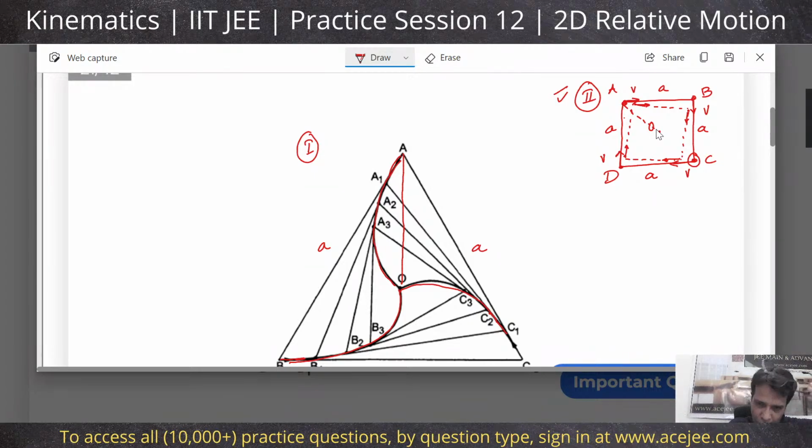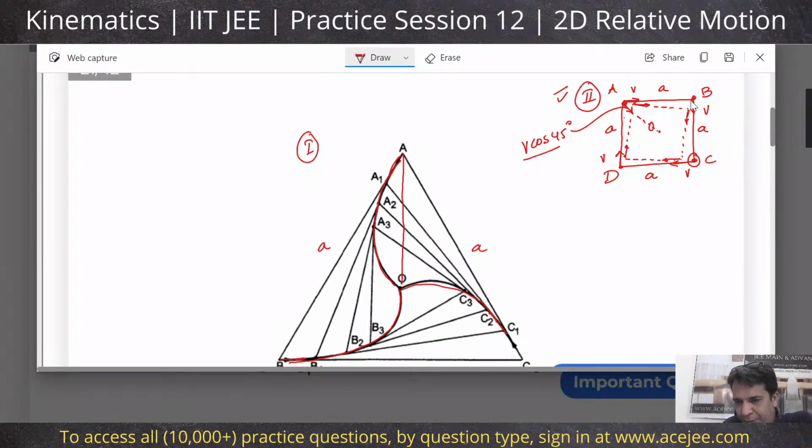It is V cos 45. This component is V cos 45, no? Right? Yes, beta? Yes, sir.